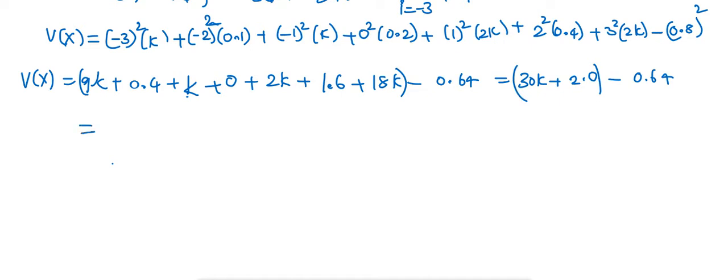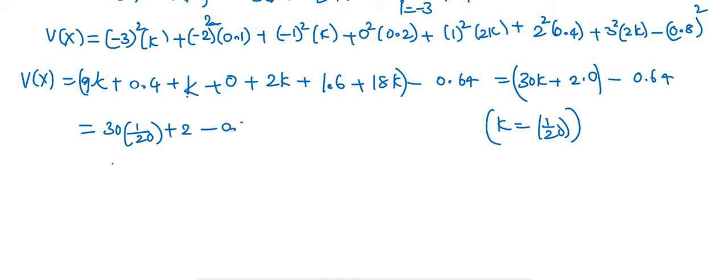Here we know the value of k is equal to 1 by 20. So we can substitute: 30 into 1 by 20 plus 2 minus 0.64. The zeros cancel, it is 3 by 2 equal to 1.5, plus 2 minus 0.64.